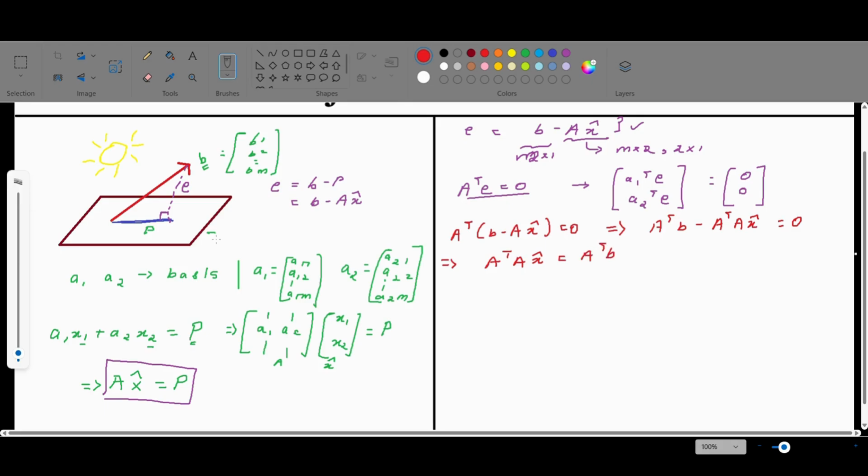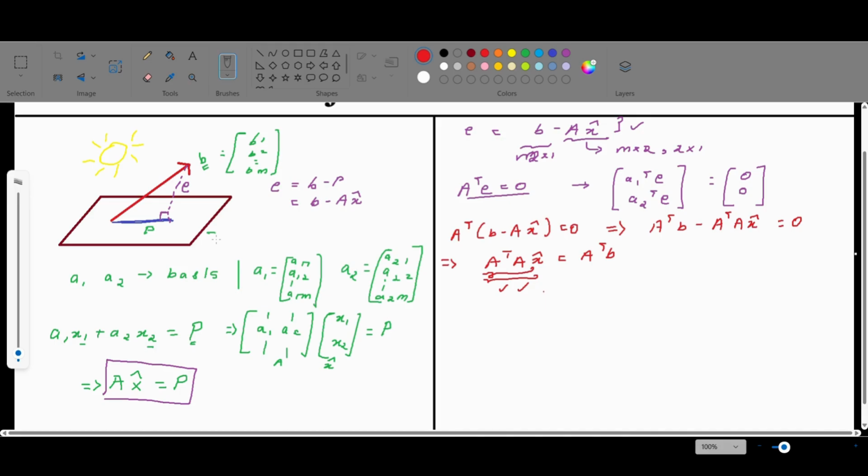The only difference is this, that this time you cannot divide both sides by A transpose A. Why? Because A transpose A is a matrix and not a scalar value. However, A transpose A is a square matrix and has independent columns because A itself has independent columns.